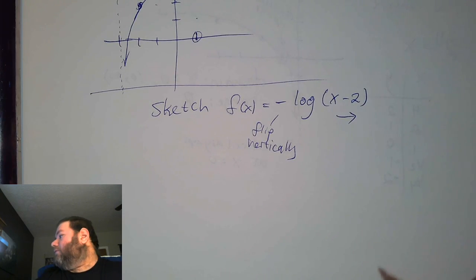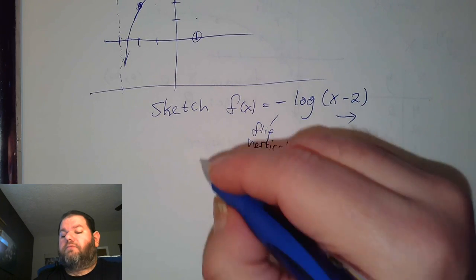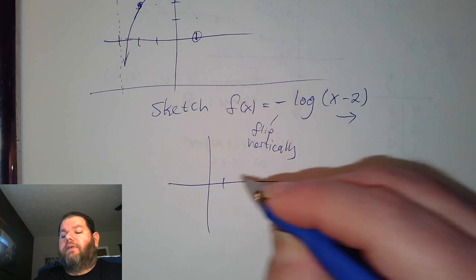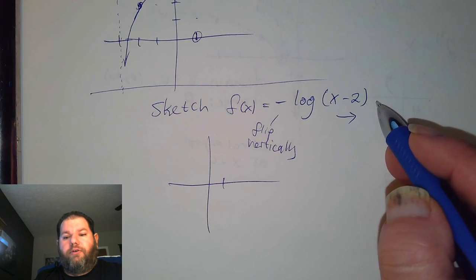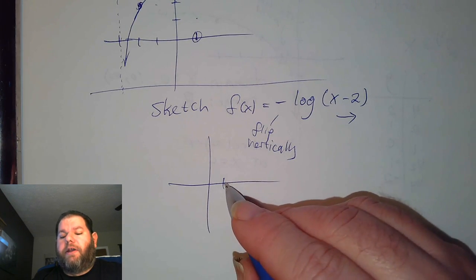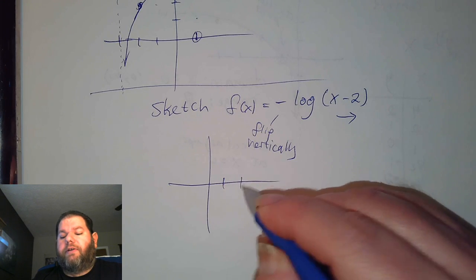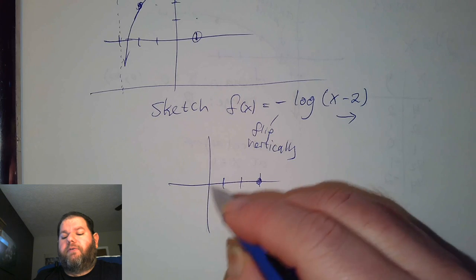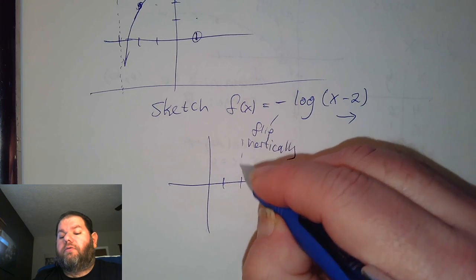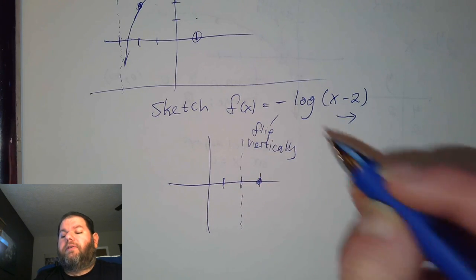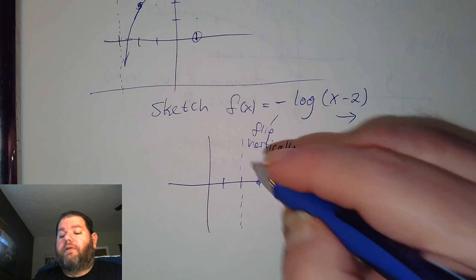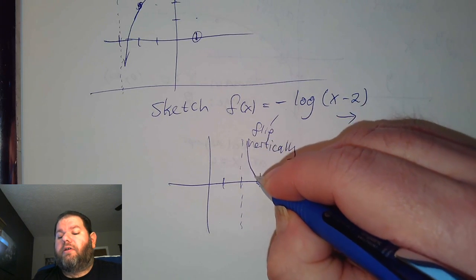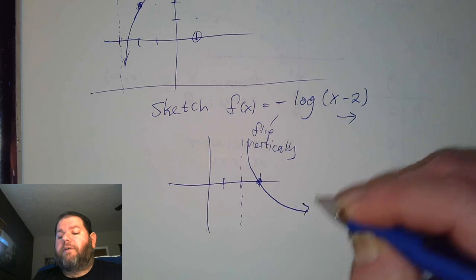And then right 2. So in this case, again, we move to the right 2 places. So from our anchor point of 1, 0, we go right 2. Our asymptote moves from 0 to 2. But this time, because we flipped the graph vertically, it goes down and over instead of up and over.